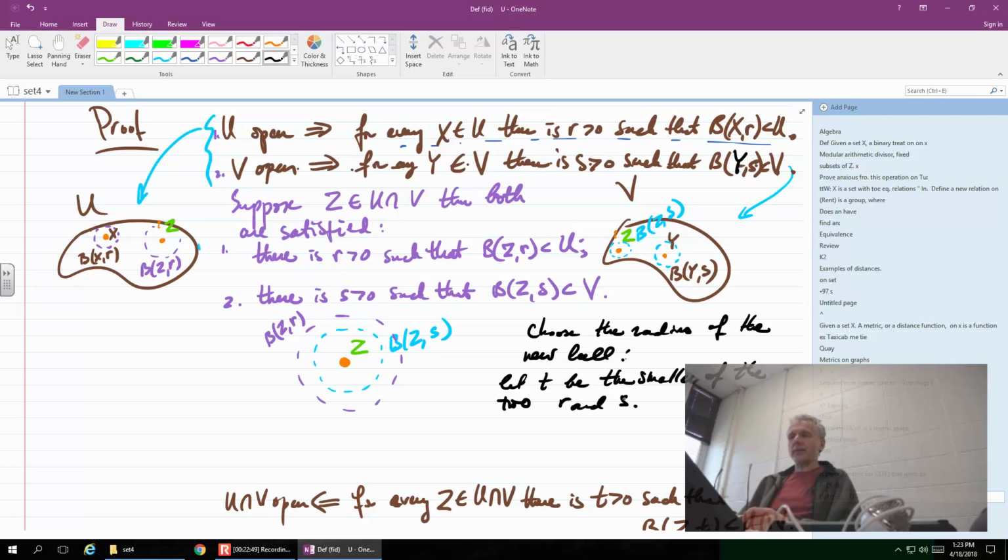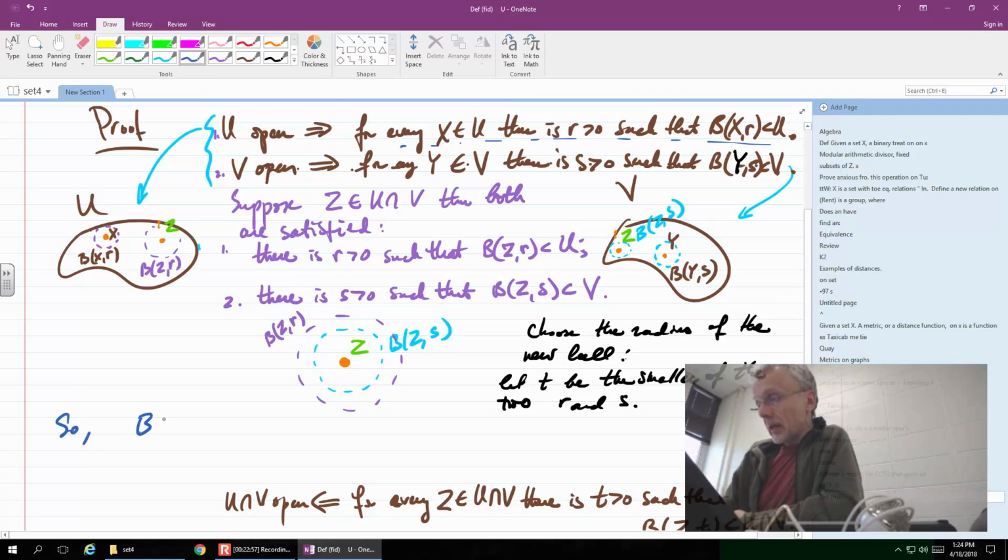So then what does it mean? If T is smaller, it means that B(Z, T) will lie inside of both of these, right? It will lie inside of B(Z, R), and it will lie inside of B(Z, S) because it's smaller.